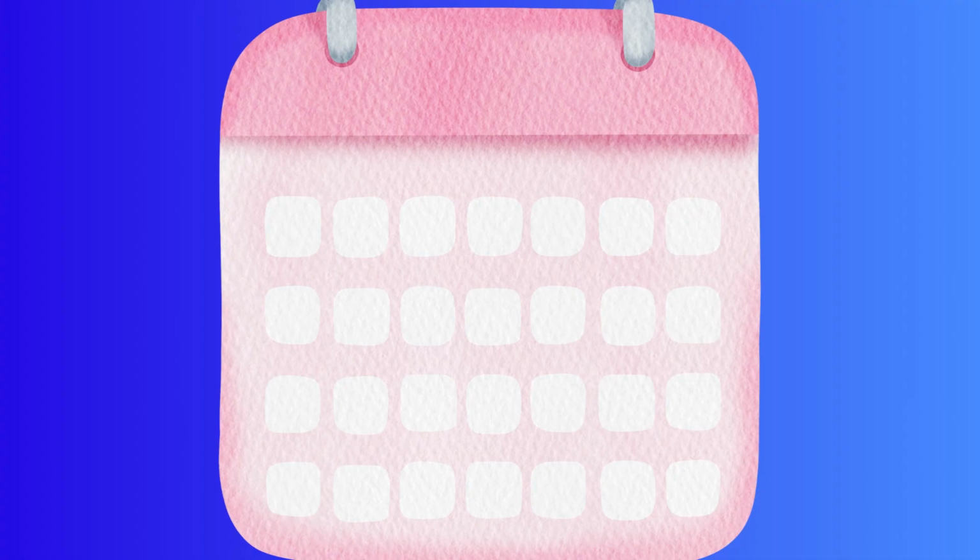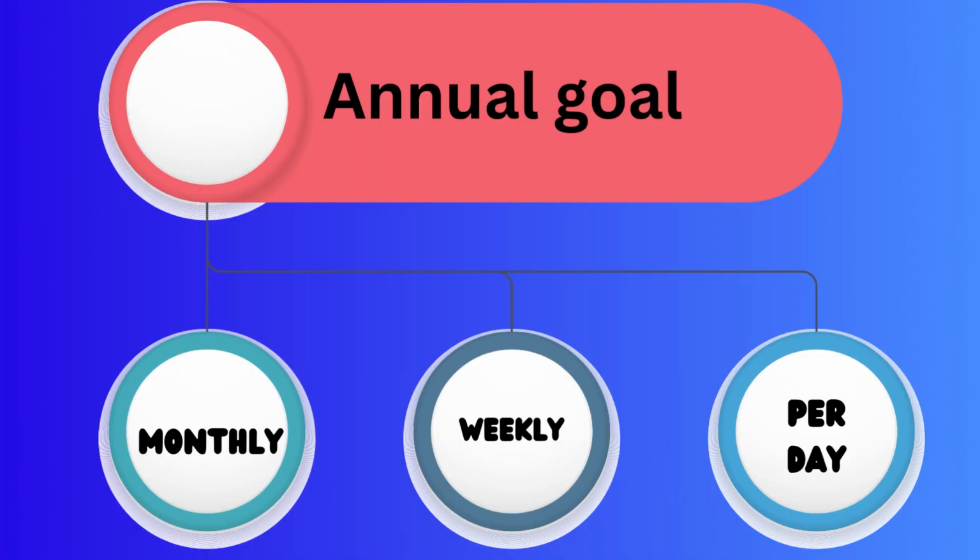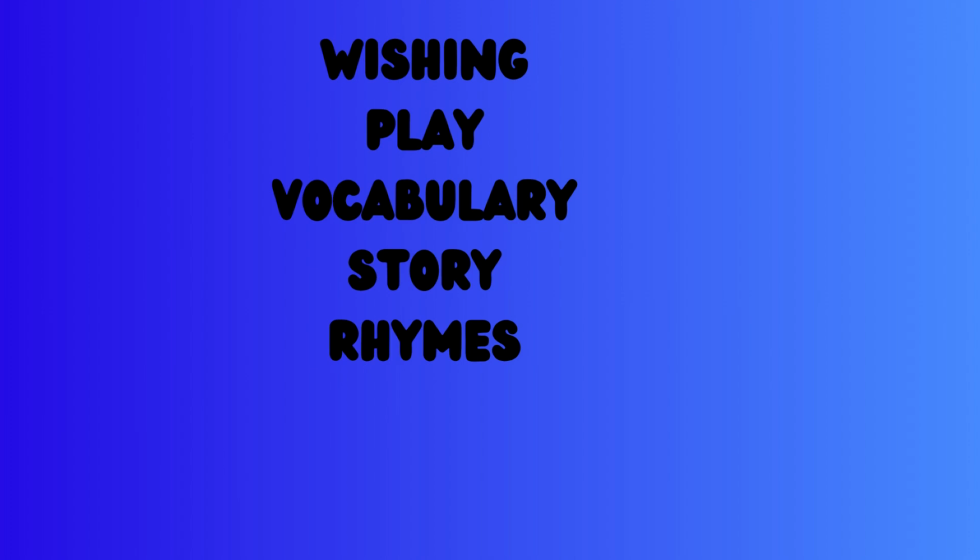So after making an IEP, which is for the whole year, we break up the goals of the whole year into 12 different months, and then monthly goals will be broken up into weekly goals, weekly into daily goals, and then daily goals will be broken up into that 1 hour or half an hour therapy. In this way we plan our therapy sessions, what we are going to do in a particular session.